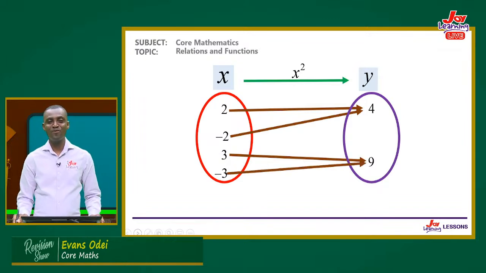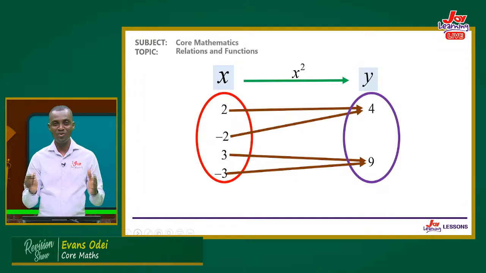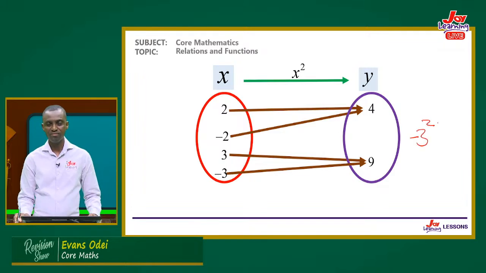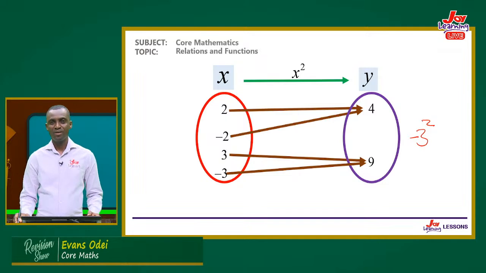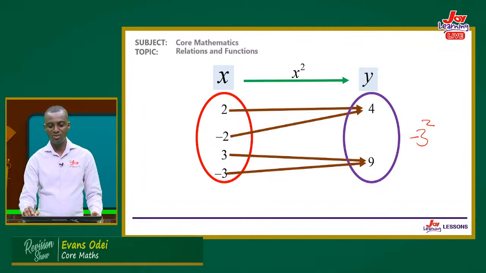Because we are preparing for exams, let me bring some few technicalities in mathematics for you to take note of, so that you can prepare yourself very well for your math. Take note that if I write negative 3 squared like this, and I ask you, what is the answer? Probably you may be tempted to pick a calculator, press negative 3, then press the square. It will surprise you that the answer will be negative 9.